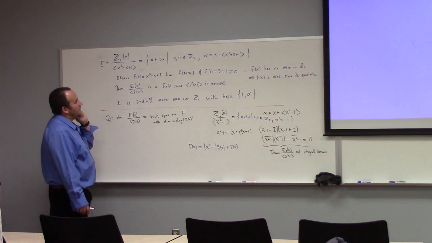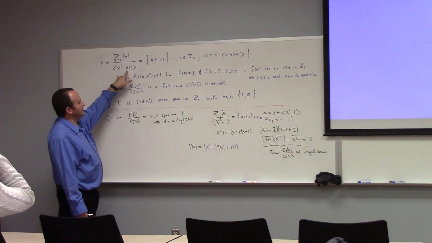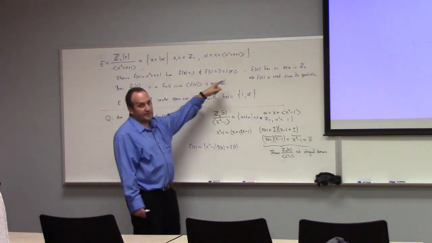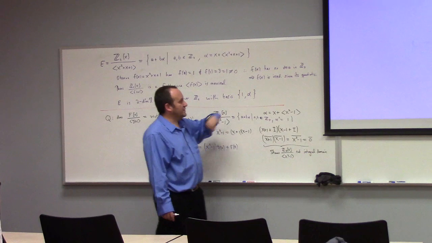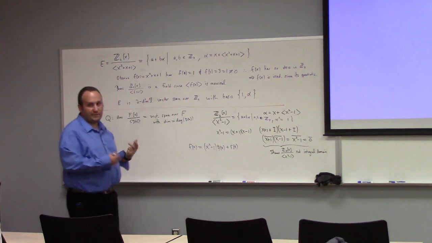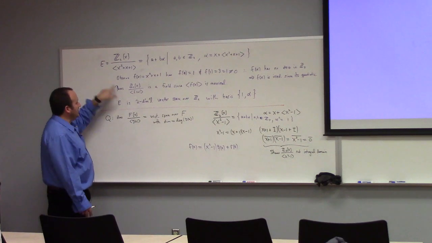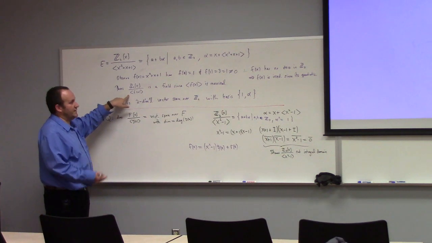If f of x equals x squared plus x plus 1, plugging in 0 or 1 gives non-zero, so f has no zero in Z2, which means it's irreducible since it's quadratic with no zeros. Therefore this E, built by that quotient, is a field, because it's a quotient by a maximal ideal.